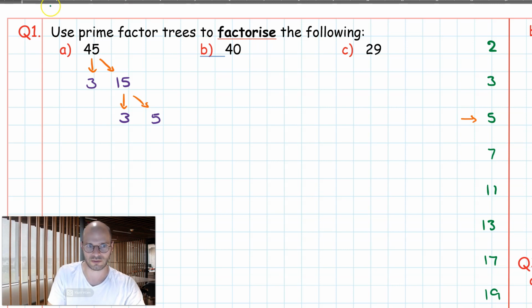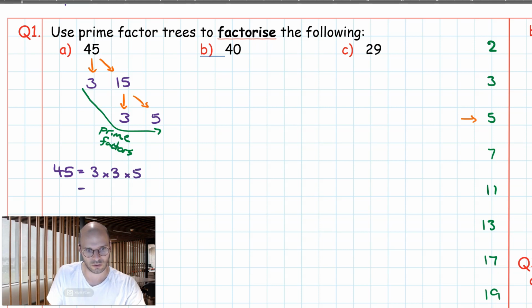Now because 5 appears on the list, what this means is that I have found all my prime factors for the number 45. That being, the prime factors of 45 are 3 by 3 by 5, or 3 squared times 5.